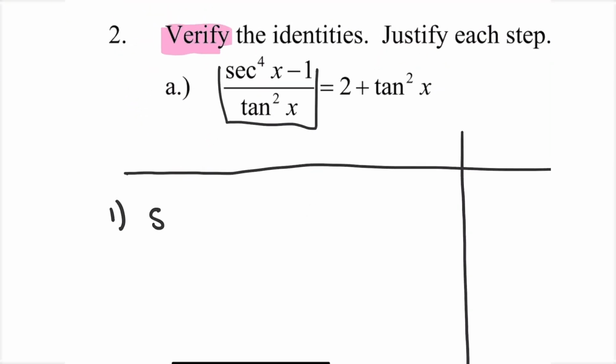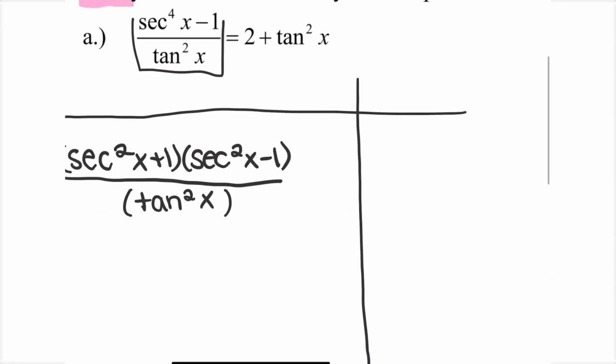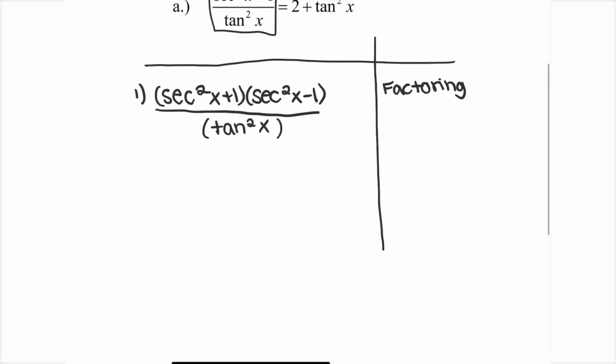So we can start by factoring this to secant squared x plus 1 multiplied by secant squared x minus 1. If you guys have any questions on how I got this, I'll make a separate video explaining this further. But for now, we're going to move on, and the justification for this is just factoring. Factoring, right?